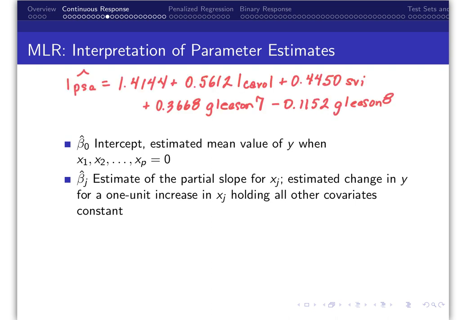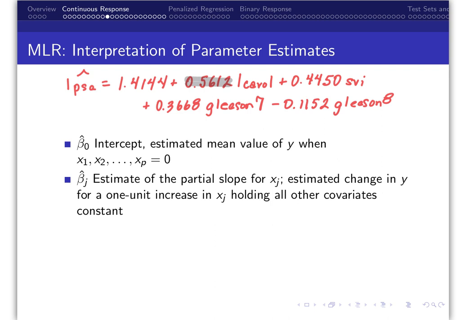When interpreting the model parameters, we could make statements such as, for a 1-unit increase in log cancer volume, the log prostate-specific antigen is estimated to increase by 0.5612, controlling for seminal vesicle invasion and Gleason grade.